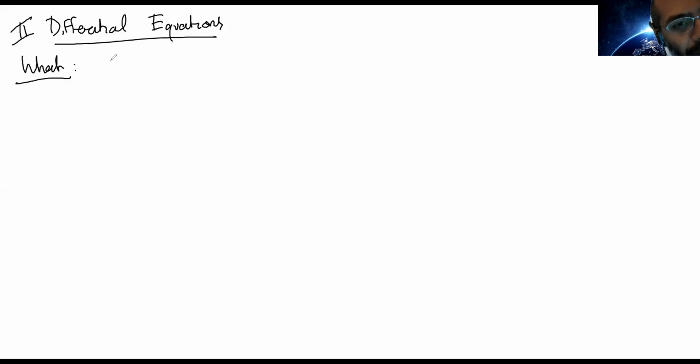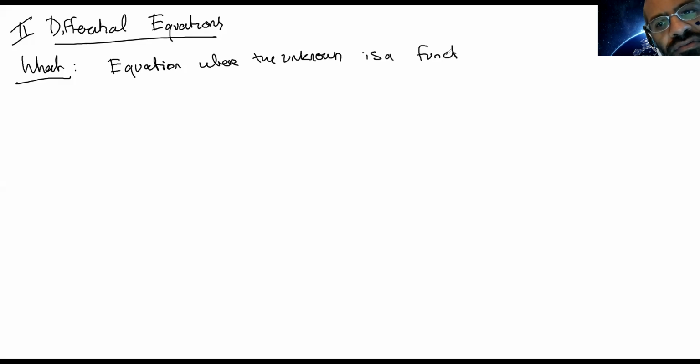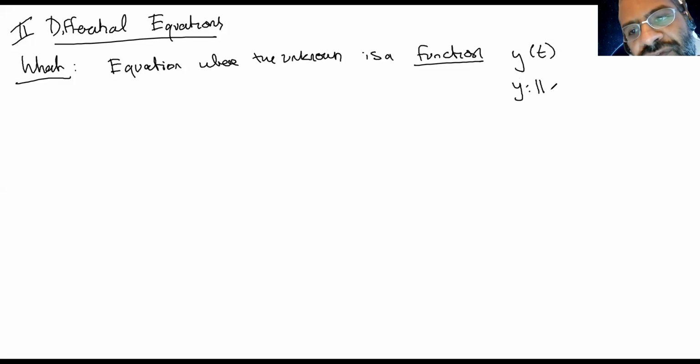This is an equation where the unknown is a function. Okay. So y of t, that's the notation we'll use. So that's a function from reals to reals, let's say.